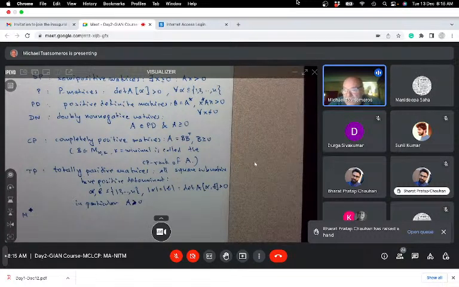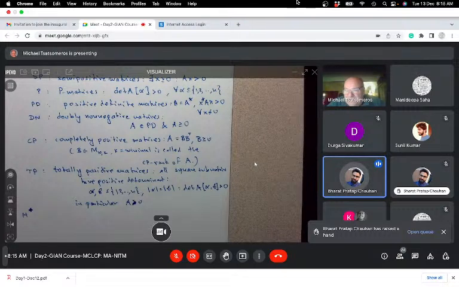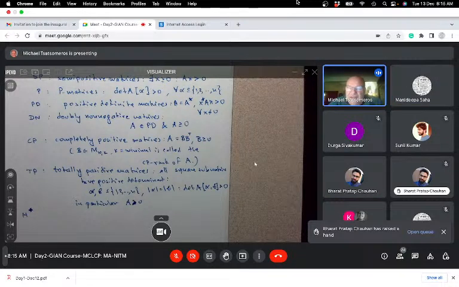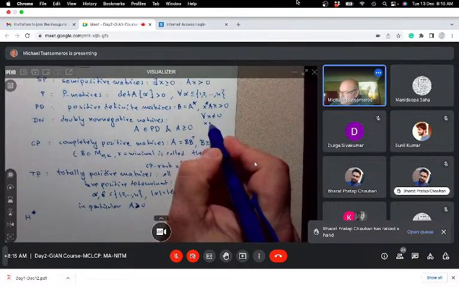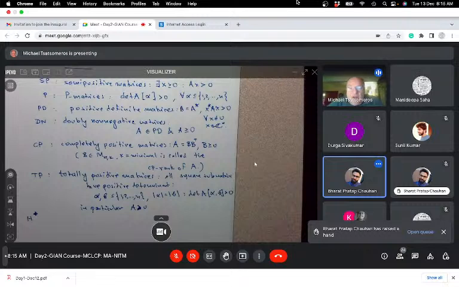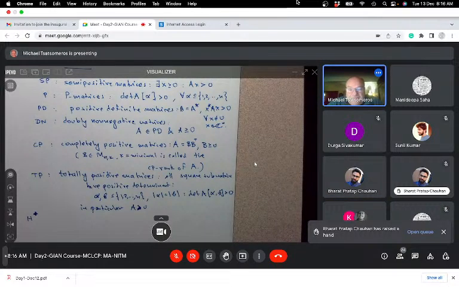If it was real, that would be equivalent to A equals A transpose. So positive definite matrices are Hermitian matrices for which the quadratic form x star Ax is positive for all x in Cn, for all complex vectors x. Okay. Thank you.